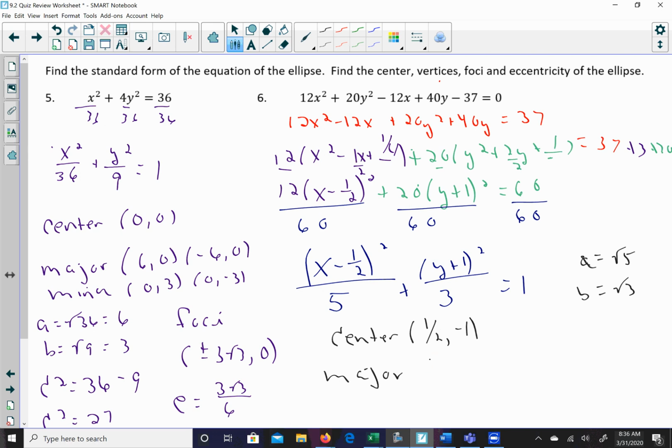So my major vertices are going to be 1/2 plus or minus the square root of 5, and my y-coordinate stays the same. My minor vertices, again, just if I were graphing, I would have to list those. My x-coordinate would stay the same, and I would take -1 and add or subtract the b, which in this case is the square root of 3.